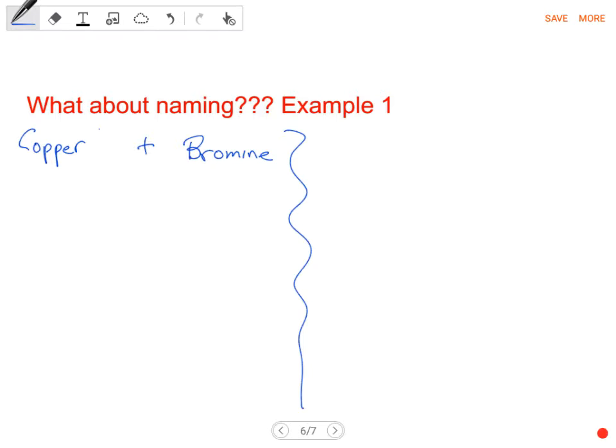So you would have to put Roman numerals, and I'm telling you in this case, we are going to use 2, which means if you look at copper, we're using the 2 plus charge. So that means it's Cu plus Br. This is 2 plus, 1 minus. And that would help you determine which compound you're going to draw.